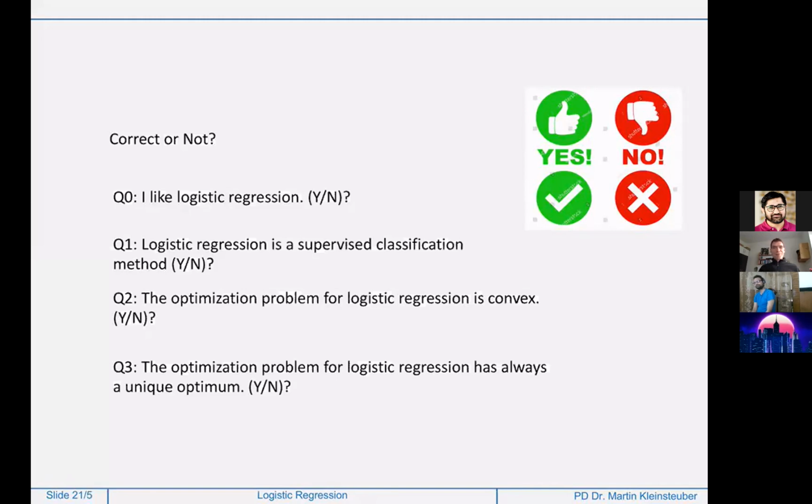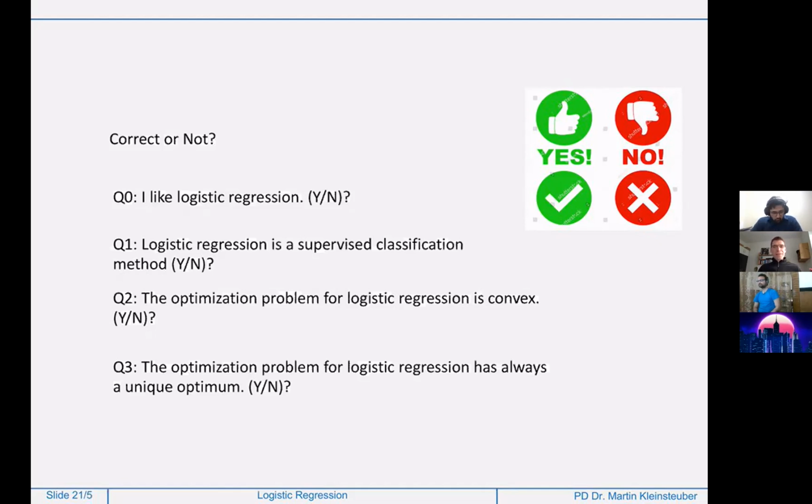This question is more tricky, and it's a little bit unfair because how should you know, right? We have not discussed it yet. There should actually be a third option of replying, saying, I don't know.